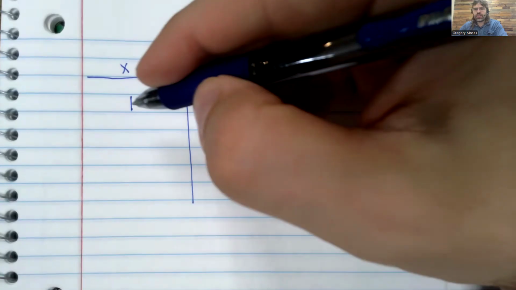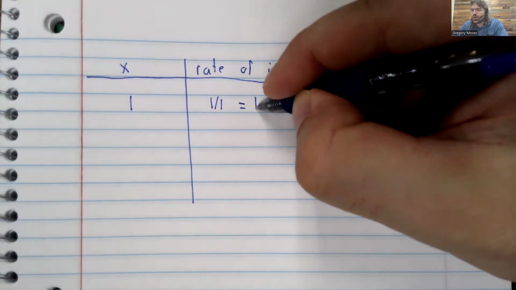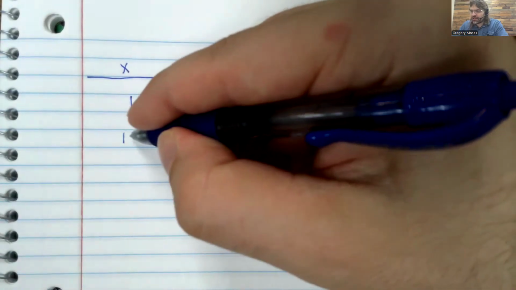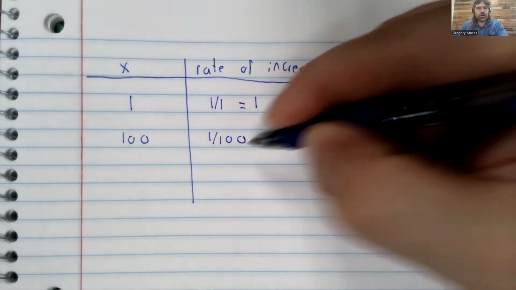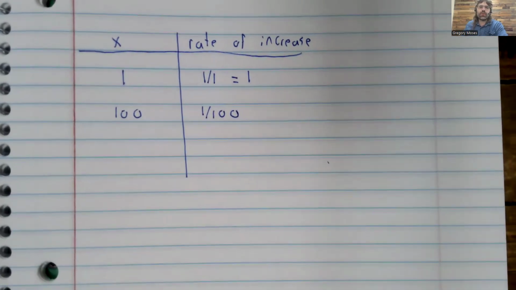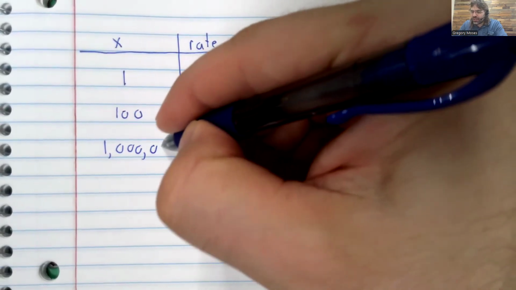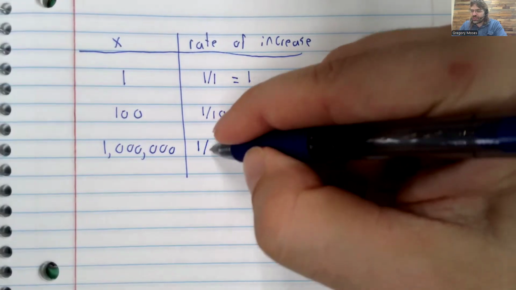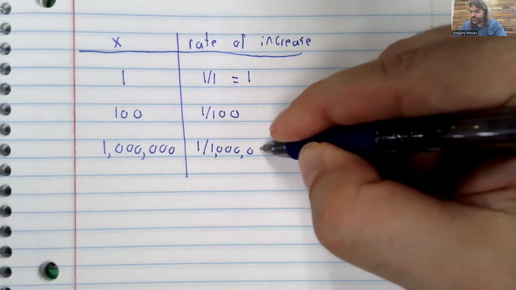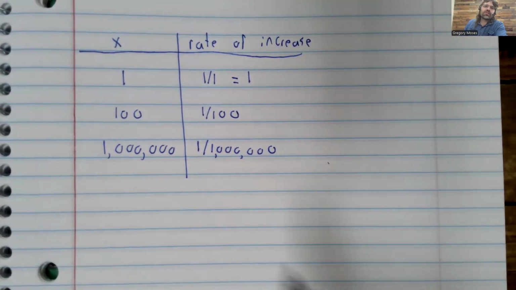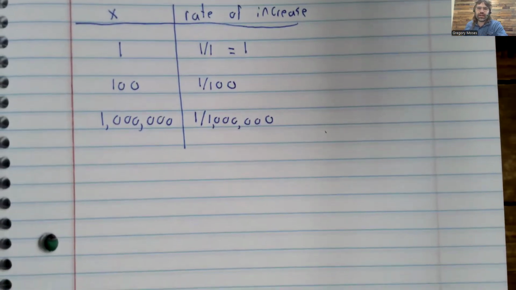When x is 1, the natural log is increasing at a rate of 1. But when x is 100, the natural log is increasing at a rate of 1/100th. And when x is 1,000,000, the natural log is increasing at a rate of 1/1,000,000th. And so on. So the bigger x gets, the slower the natural log is growing.